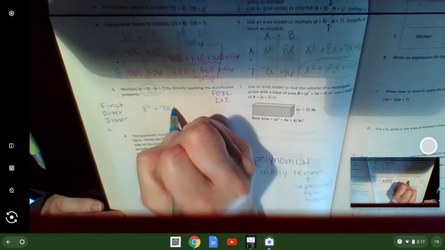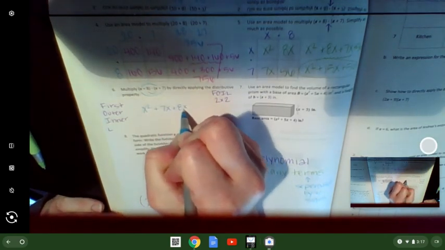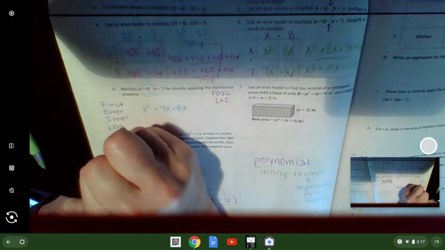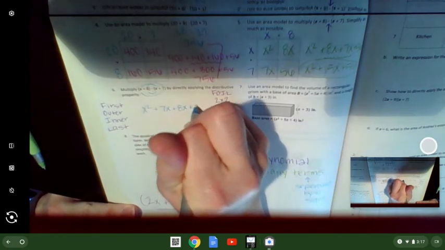I stands for inner or inside. Multiply the innermost terms. So that would be our 8 times x, which is 8x. And L, if F is first, L stands for last. Multiply the last term in each parenthesis, which would be our 7 times 8, which is 56.